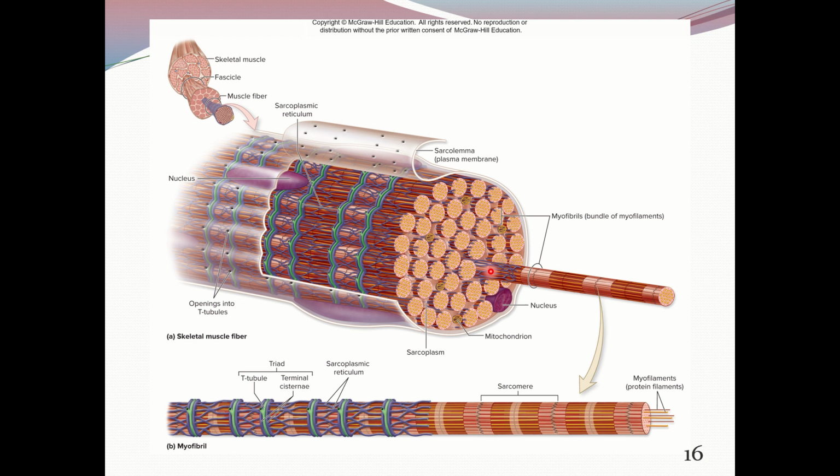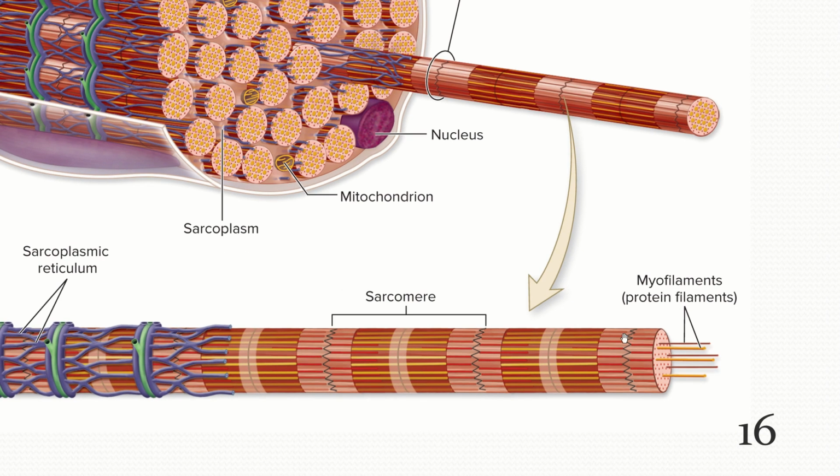So looking at a myofibril, the myofibril is going to be filled with the myofilaments, actin and myosin. In this illustration, the actin is going to be a thin red line attached to the Z-discs. The Z-discs are in blue. And then the myosin are going to be looking like thick yellow rods.